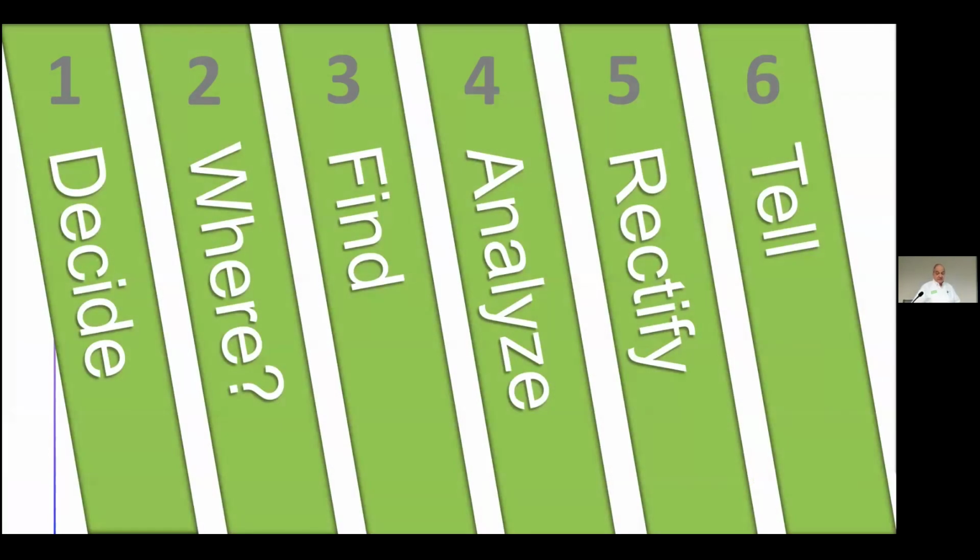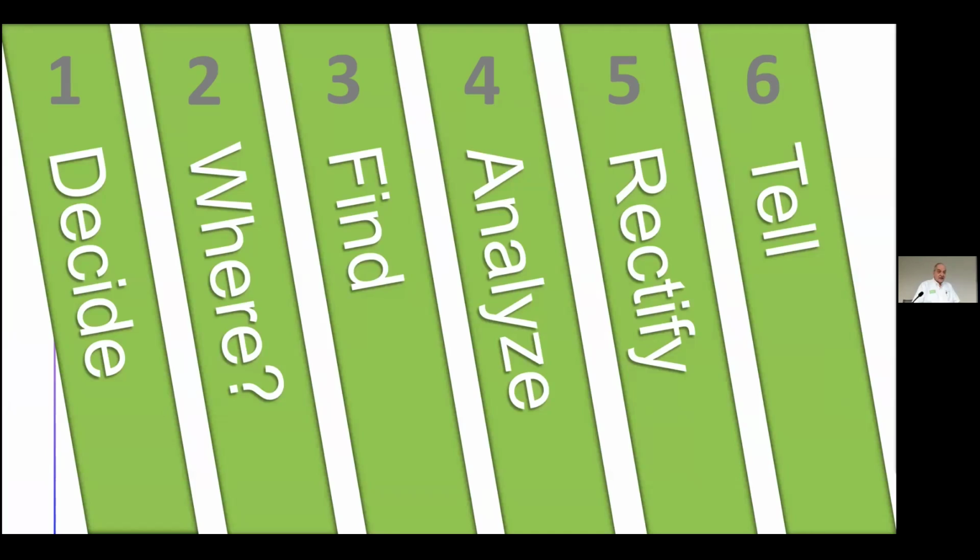Okay, this has 6 steps to it. We're going to work at first is you decide what it is you want to research. You find out where the stuff that you're trying to work on can be. Then you find the stuff that you're looking for, the actual data. Then you analyze it.